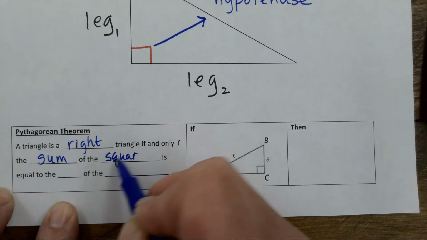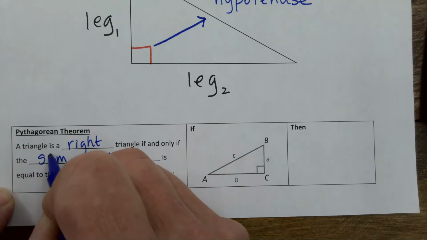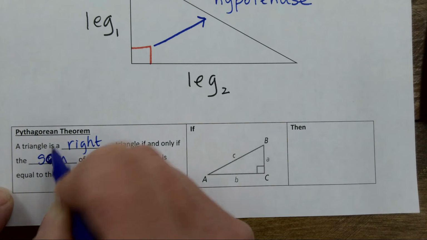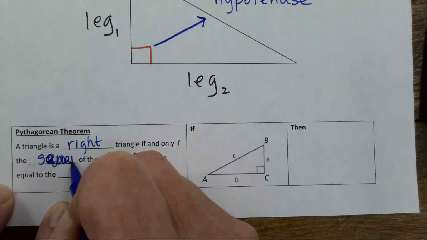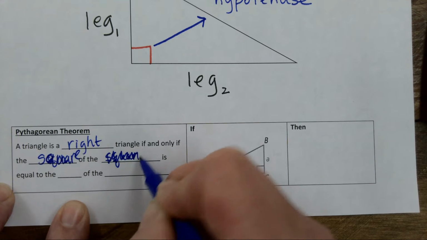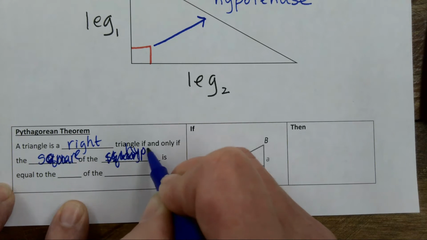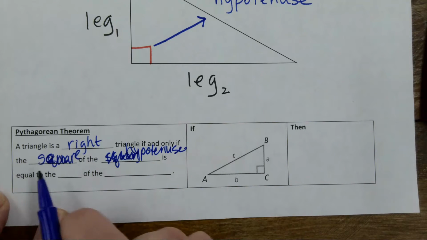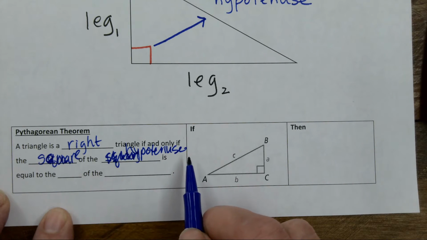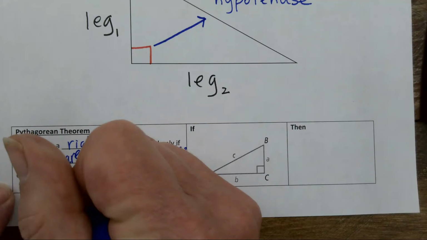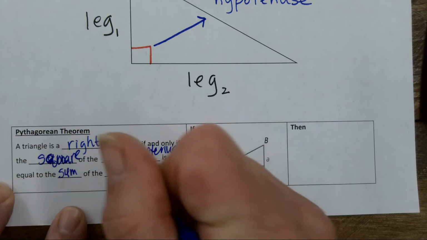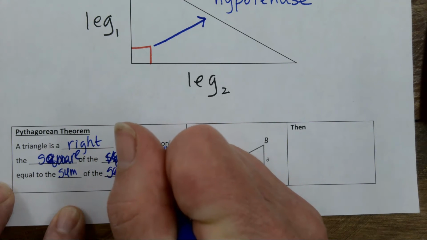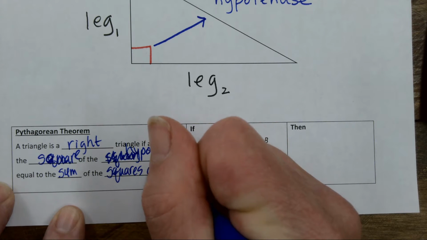Let's change that to the square of the hypotenuse. The square of the hypotenuse is equal to the sum of the squares of the legs.